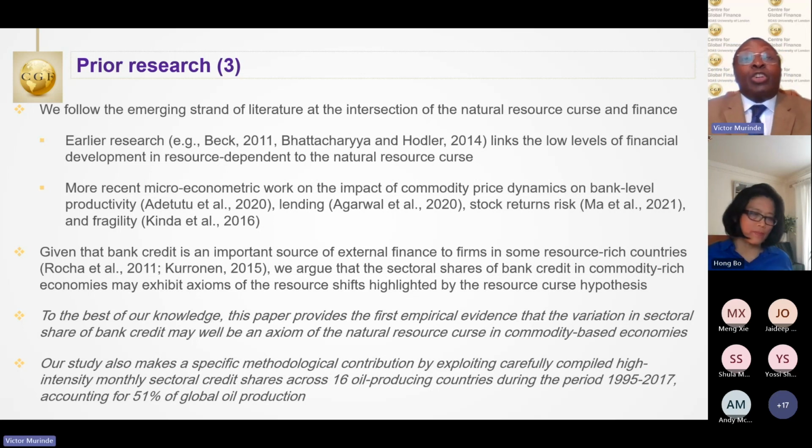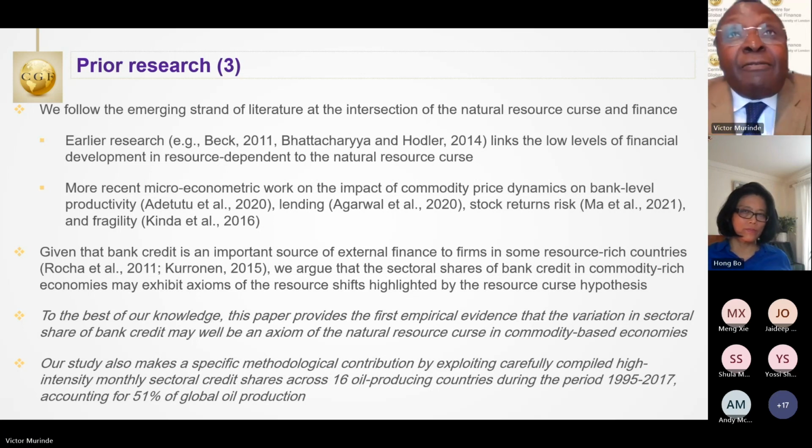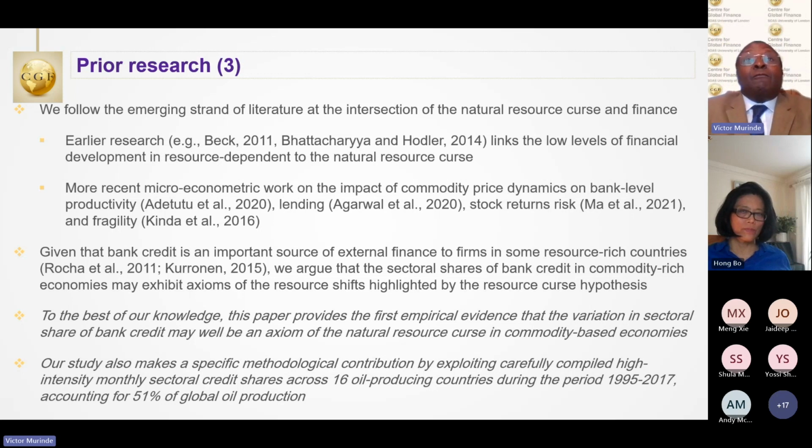So financial development becomes very, very difficult, very elusive, in actual fact, because of the natural resource curse.